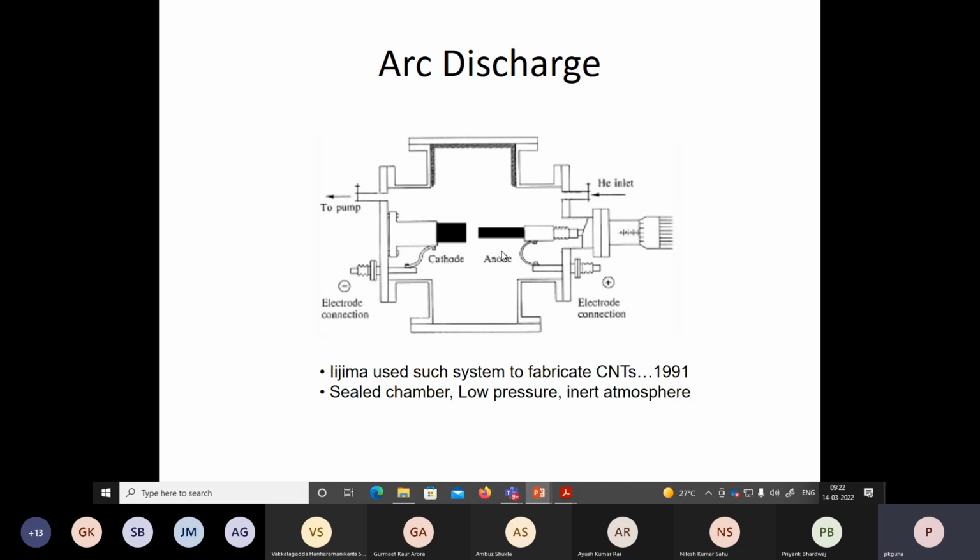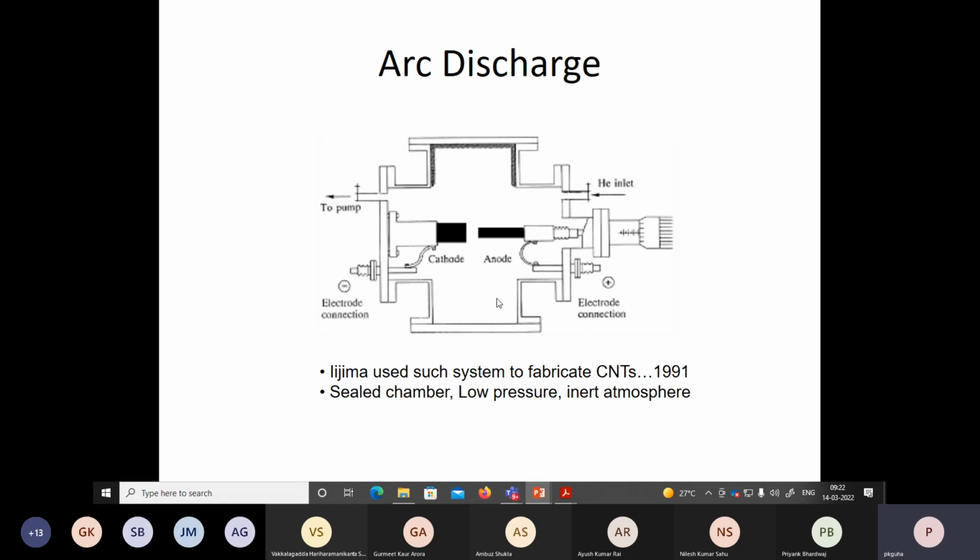Later on you can take those carbon nanotubes and see under the microscope how they look. If I get time, I will show you how carbon nanotubes look, maybe in tomorrow's class. I tried to find the PPT but couldn't find the exact one.